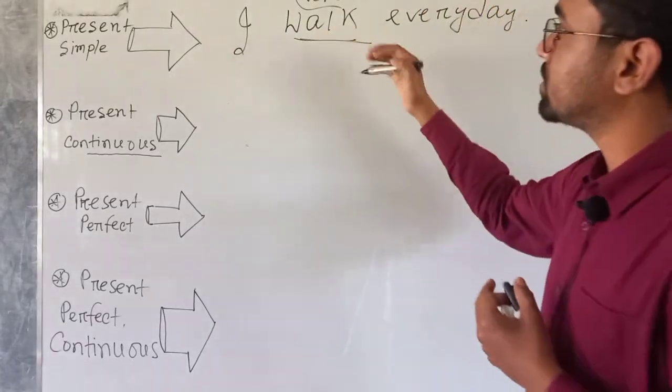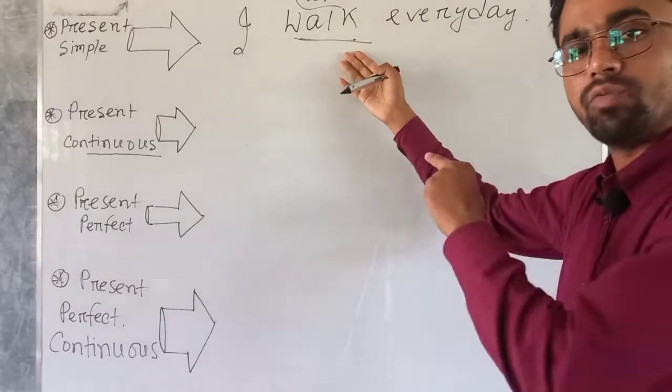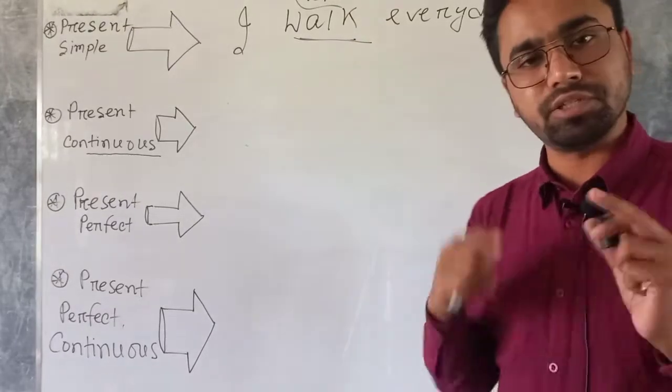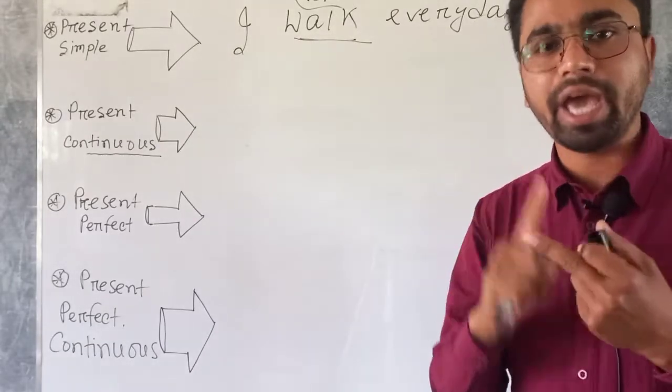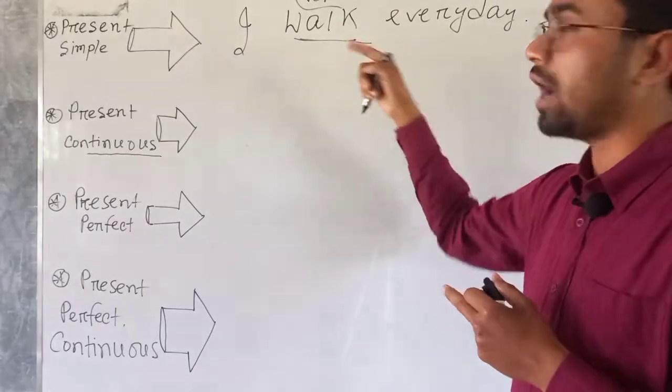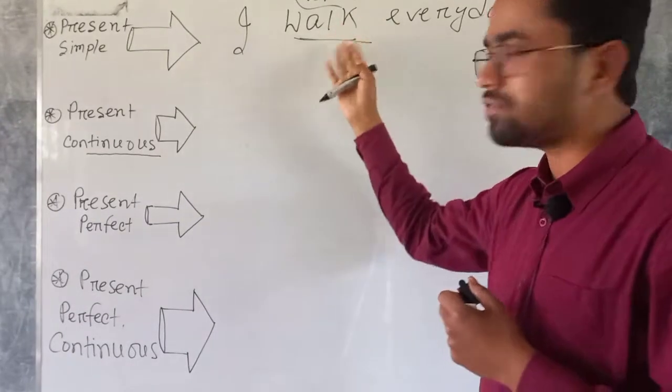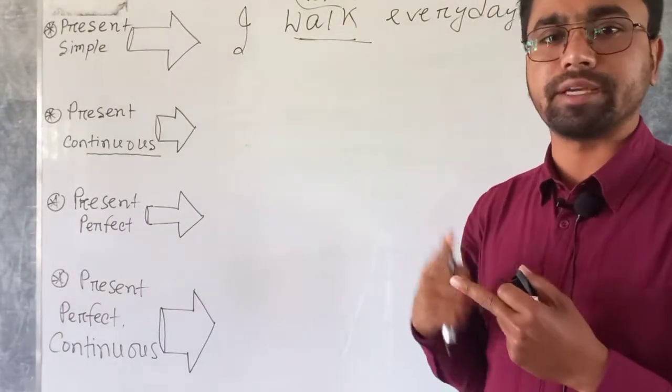In this sentence the verb is work. If you want to make the verb present continuous, then you need to add ing after the verb. In continuous form, this verb will be working.